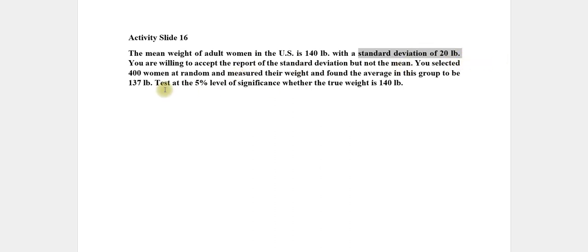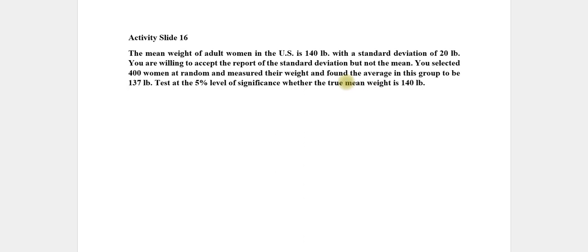And then you are given the average from the sample, which is x bar. So given all this different information, you can work it out and do this question. Test at the 5% level of significance where the true mean weight is 140 pounds.